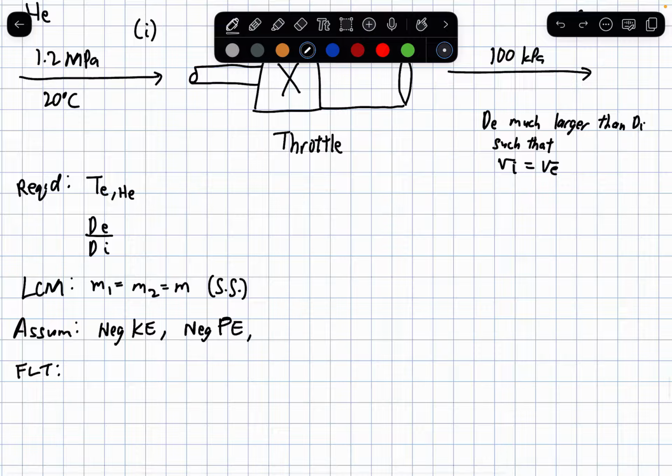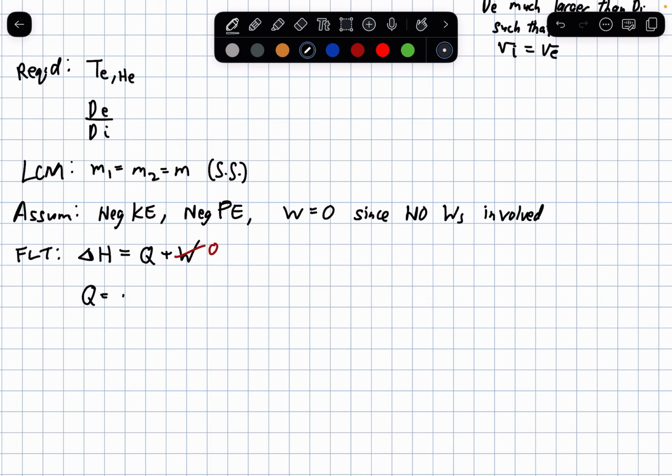For a throttle, since it's not any of the four that produce or consume shaft work, the shaft work is equal to 0. So delta H equals Q plus W. In this case, W is 0. So Q is equal to m times quantity H2 minus H1.